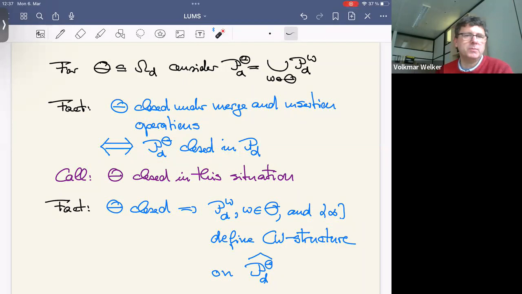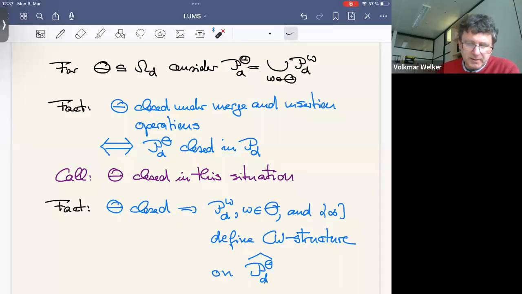So whenever I do a merge or insertion operation with an omega from my big theta, capital theta, I again land in theta. In this situation, I call theta closed.